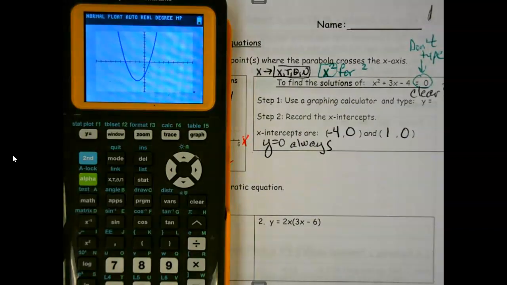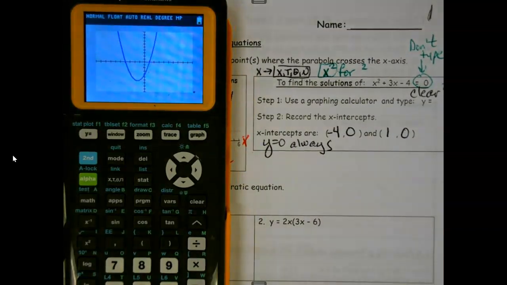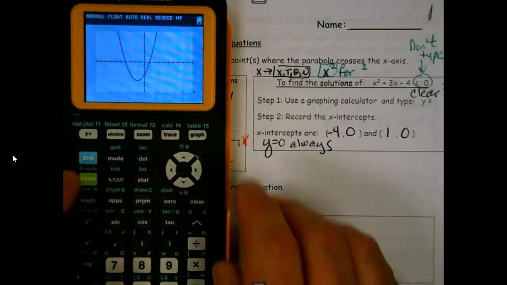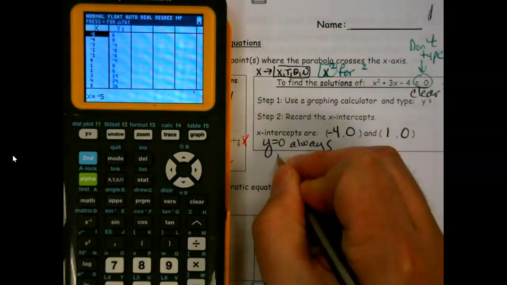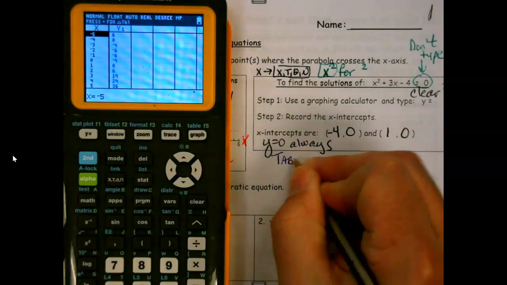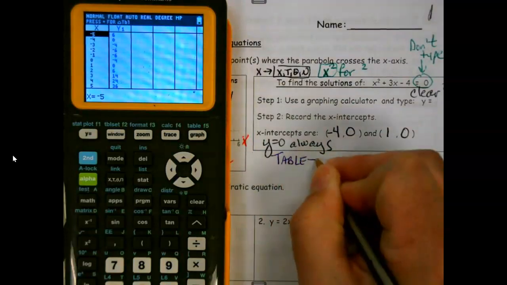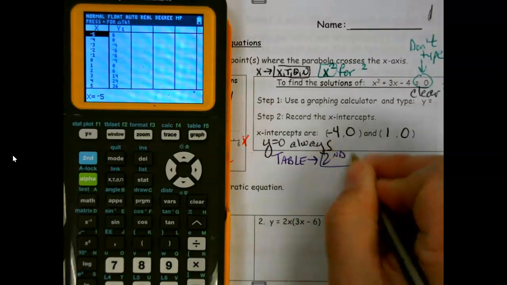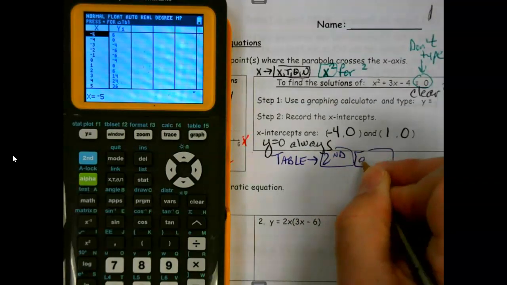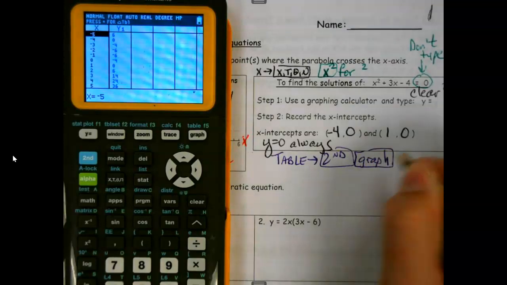Now let's say I can't tell. Let's say I'm not sure, I'm not confident. You also can look in the chart. So if I do second graph, I'm going to do that too. Just in case you don't have it here again, we'll jot this down.